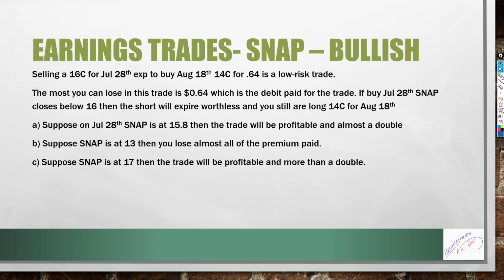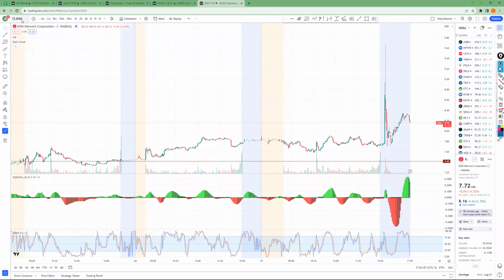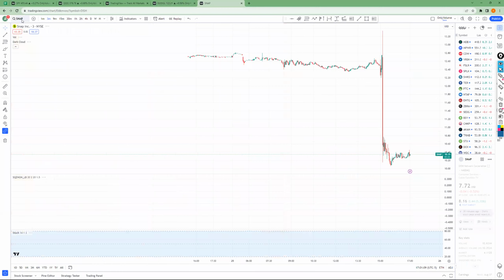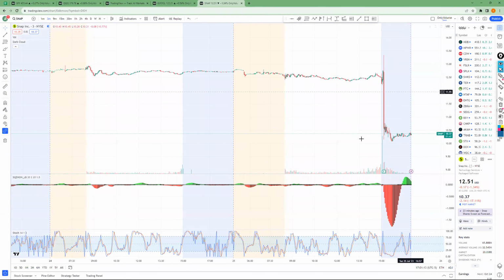Snap has fallen down. So let's see what Snap is doing. If you think about it, it's gone down. If you had done the earnings calendar, you are losing money.